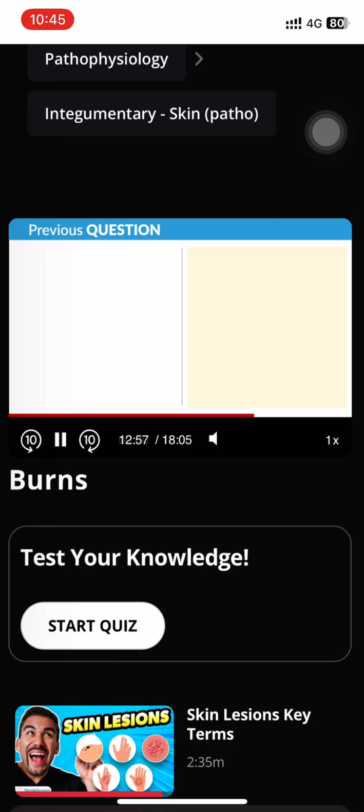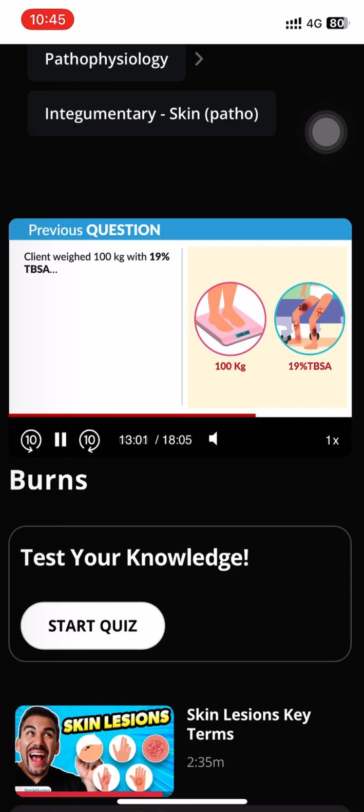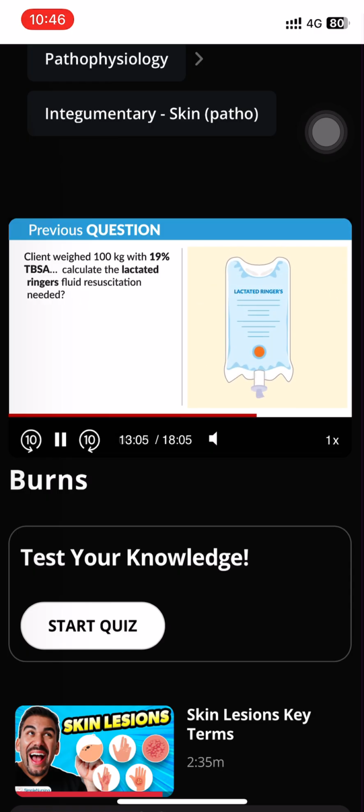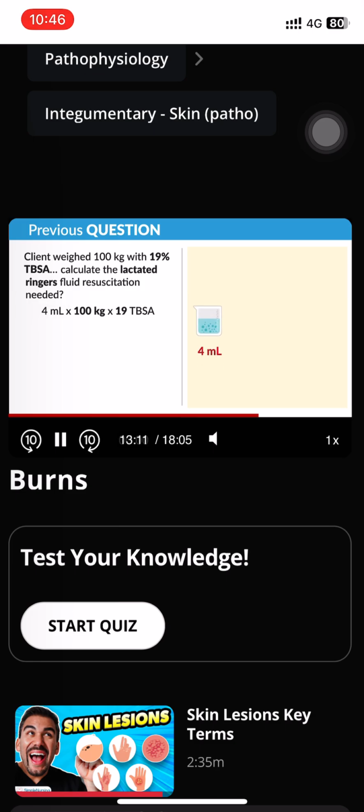Taking from our previous question, let's say the client weighed about 100 kilograms with that 19% total body surface area affected. Now we're calculating the lactated ringer fluid of resuscitation needed. So using the formula, we're taking 4 mLs times 100 kilograms, let's just say, and from the previous question, 19% total body surface area.